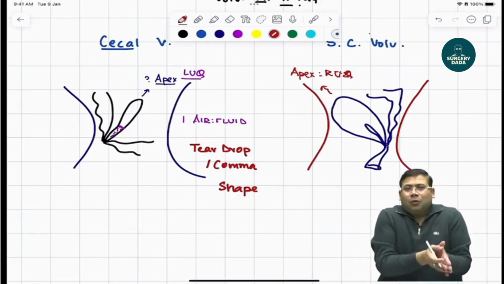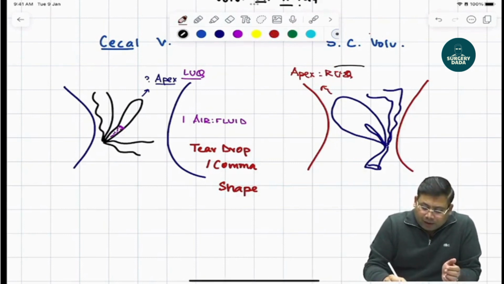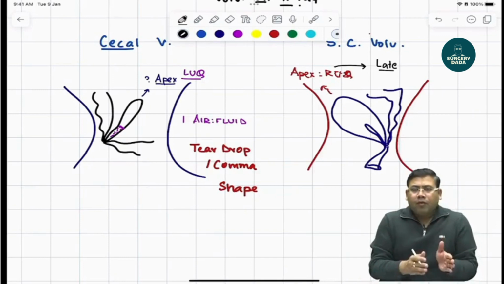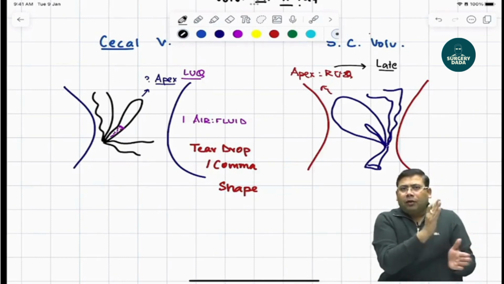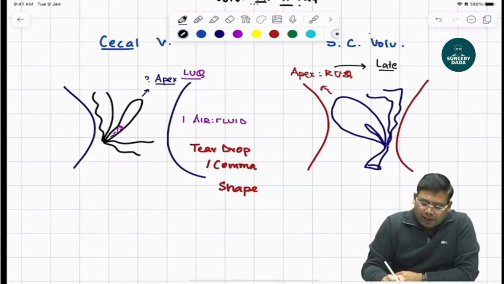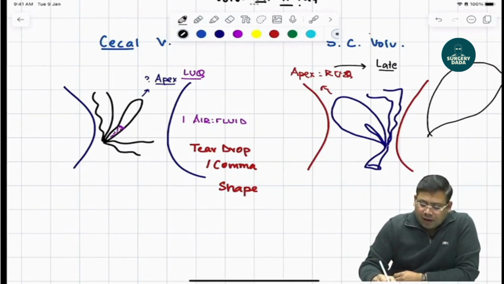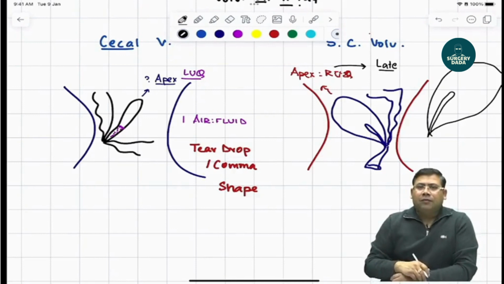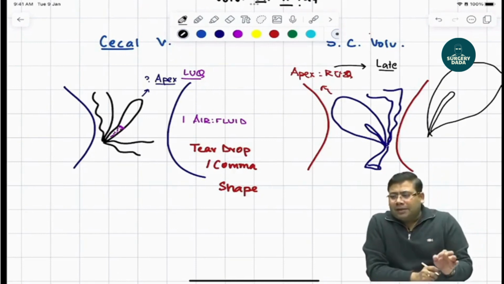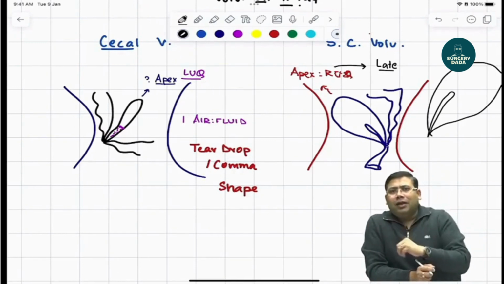It is towards the right upper quadrant, but in the late phases, it might transit from the right upper quadrant to the mid to the left. So in the late stages of volvulus, where the distension is massive, it is not surprising that you get to see that on the left upper side also.